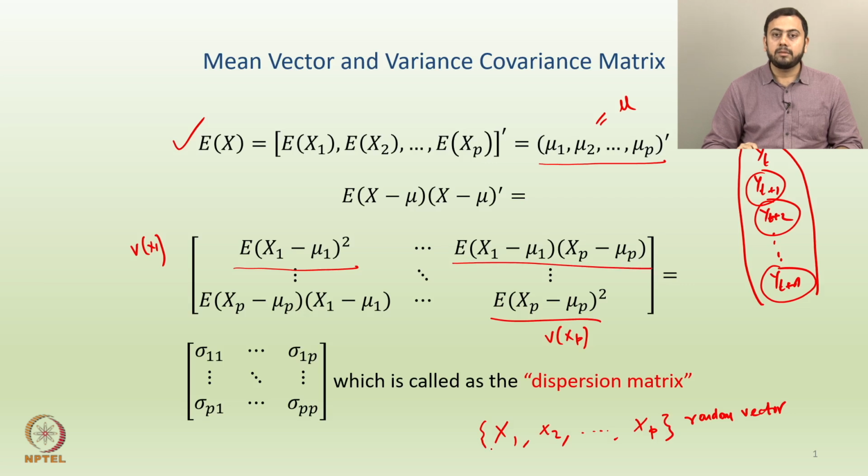This expression is nothing but the covariance between x1 and xp, isn't it, as per the formulas. So, this is nothing but the covariance between x1 and xp. Similarly, this thing is nothing but covariance between xp and x1, which is exactly equal to that, by the way.